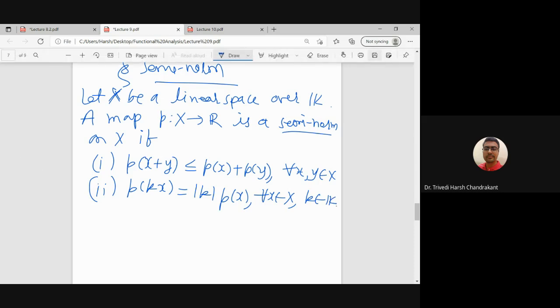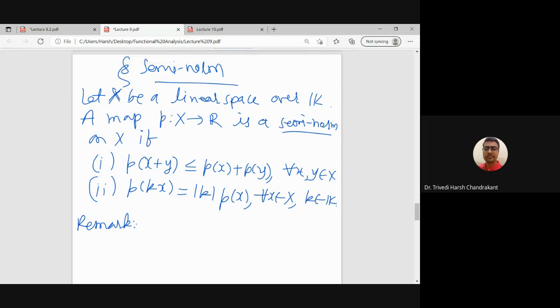Right. So first remark is that if we assume a given function p on X to R satisfies these two properties, then some of the properties we can derive using them.